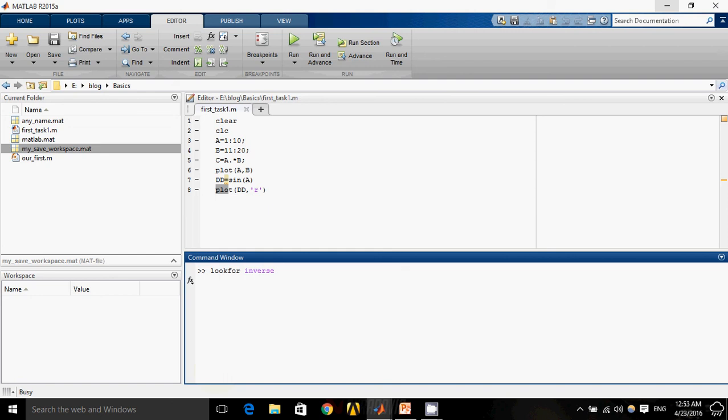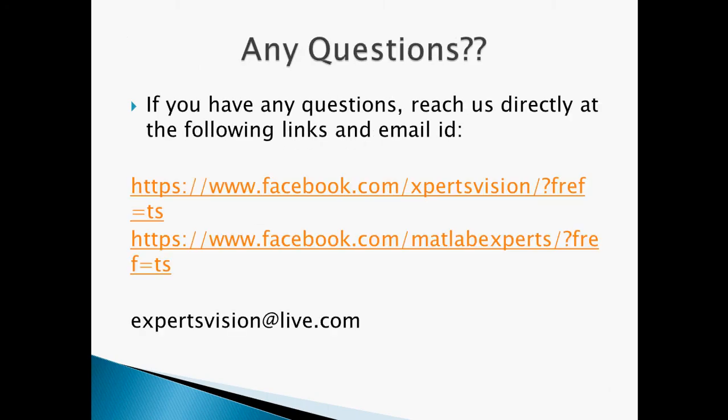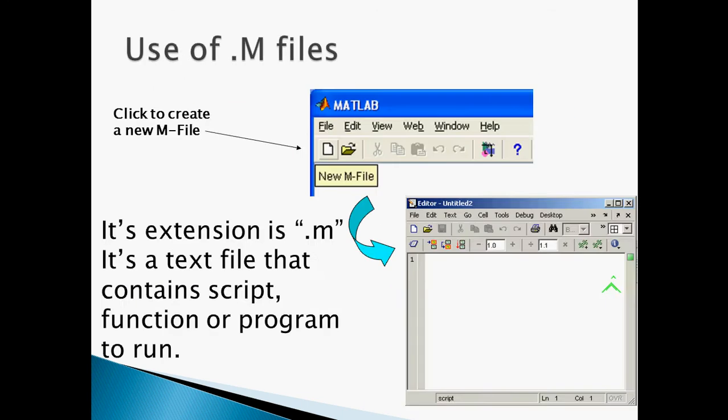It searches for a keyword in all help entries. Like you can write any topic, like I write lookfor inverse, and it will give me help of all the words in which inverse is coming, all the words having inverse.